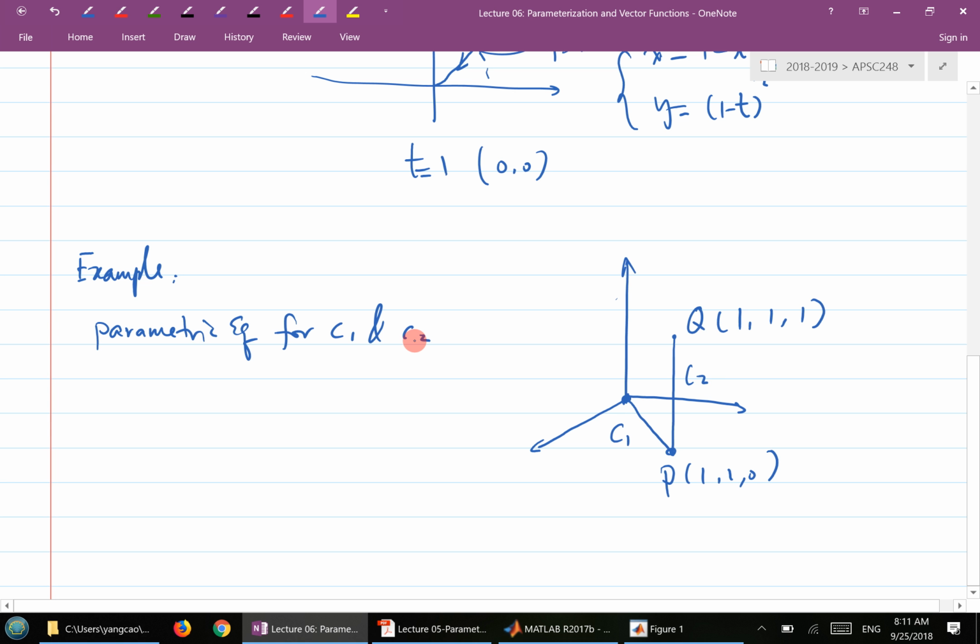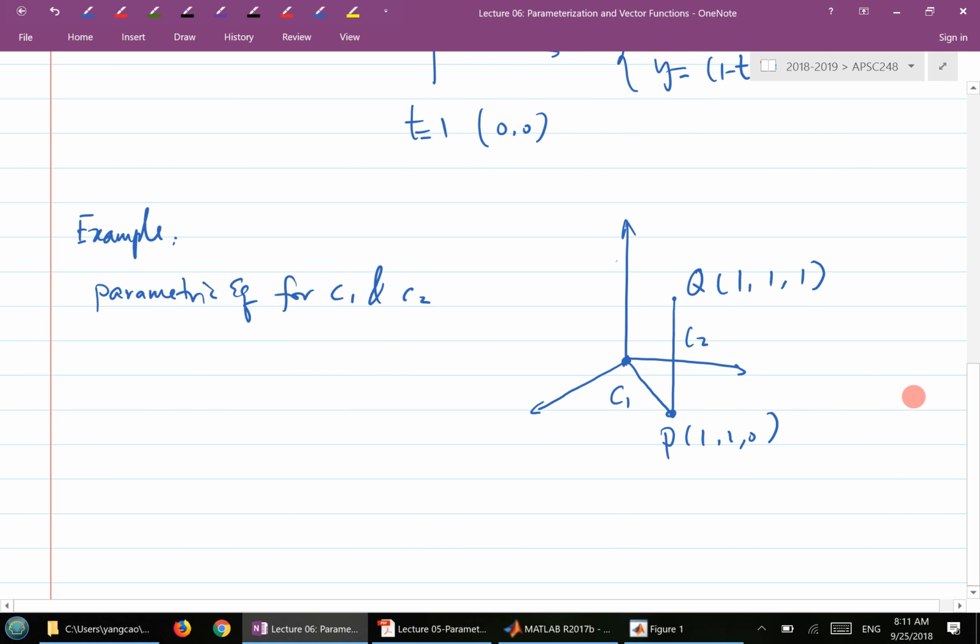C1, C2, essentially there are two straight lines. And I don't want you to derive a straight line equation like you did in the previous lectures. Here, purely based on observation or even your high school function concept, you'll be able to get the parametric equation. First of all, let's look at C1.